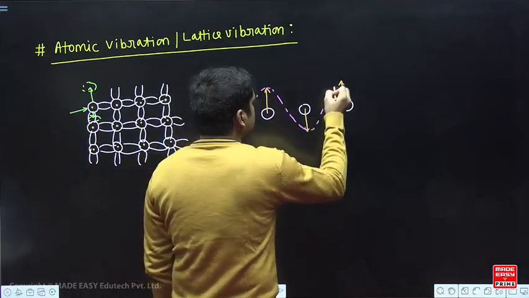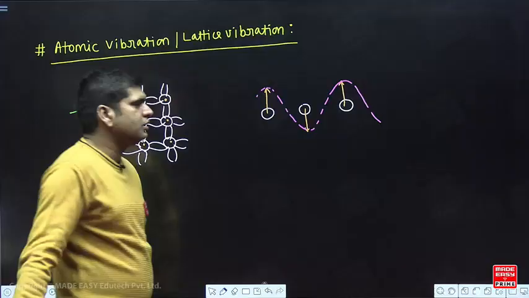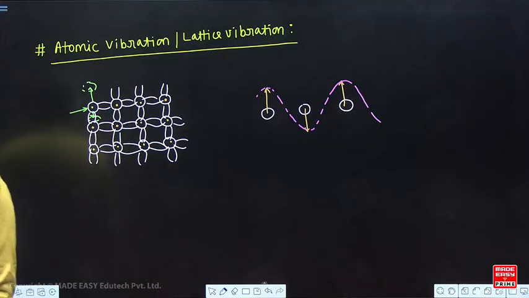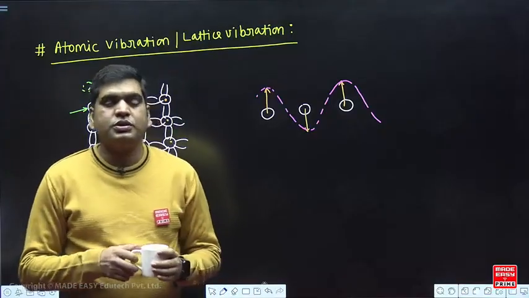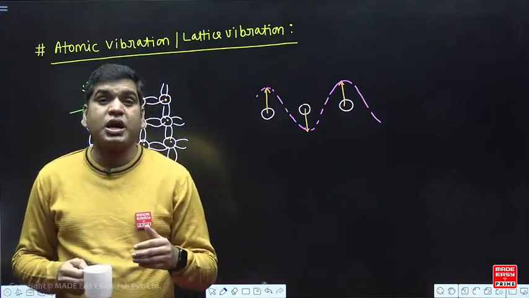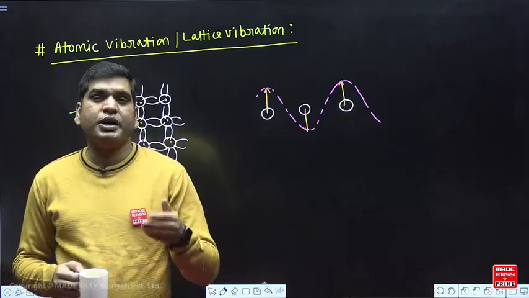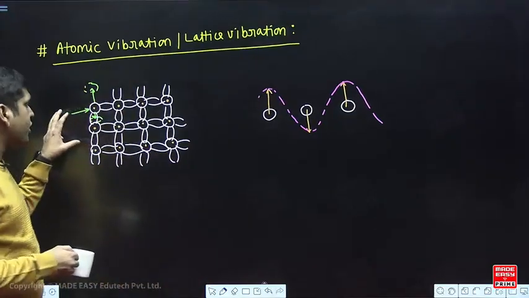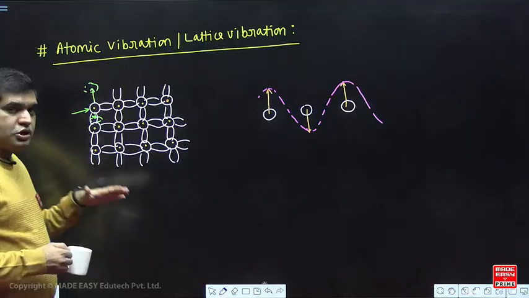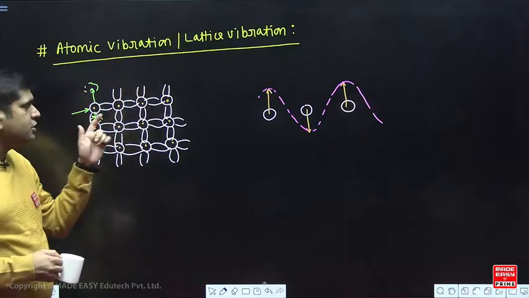So a traveling lattice wave would be formed in the material. This lattice wave, which is formed into the material due to atomic vibration, will help us to transport heat from one end of the material to the other end. For example, at this point I increase the temperature, so atomic vibration will increase.